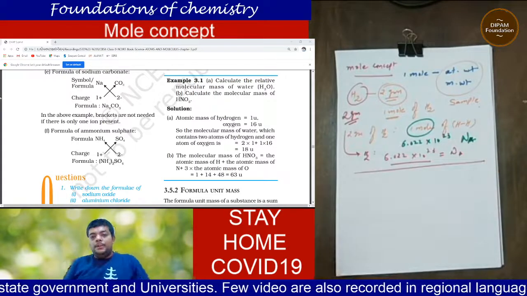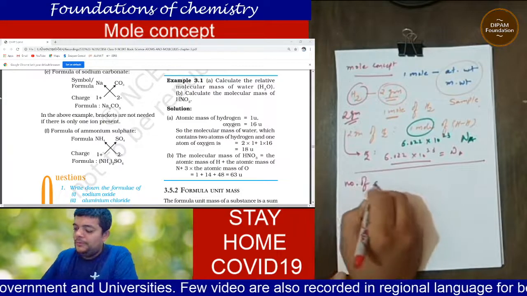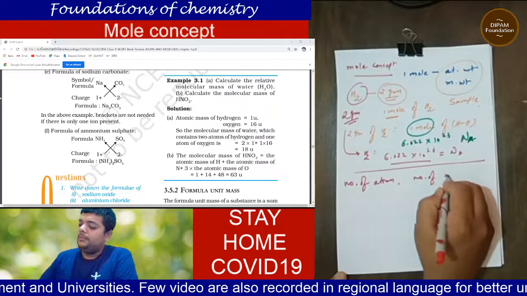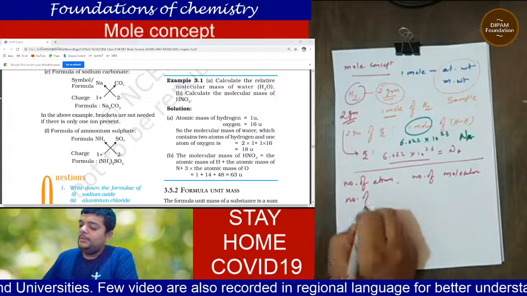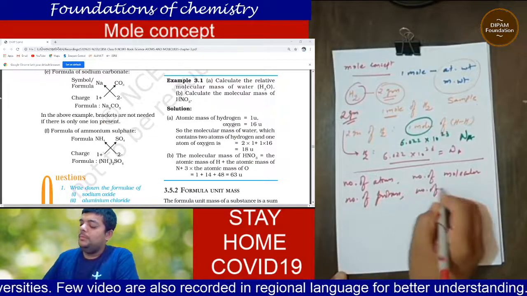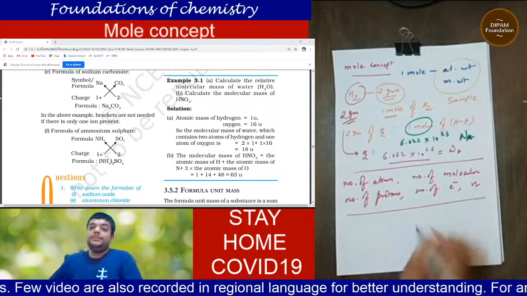Now, depending on this concept, we will be learning the number of atoms, number of molecules, number of protons, number of electrons, neutrons, etc.